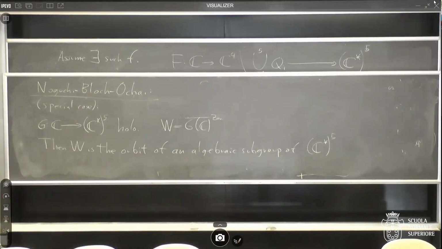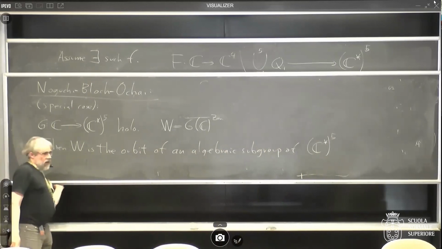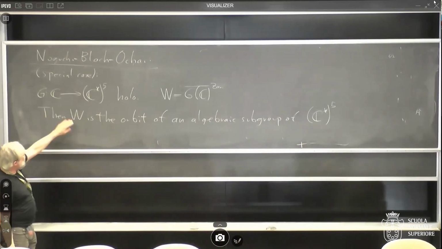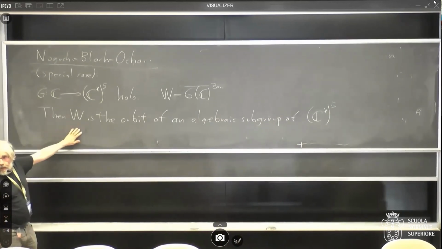In fact, this result holds for powers of C star, but also more generally for compact complex tori and semi-abelian varieties. But C star to the power 5 is the only case which we need here.